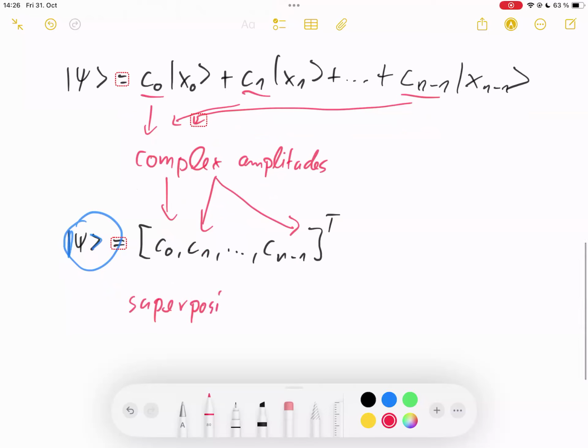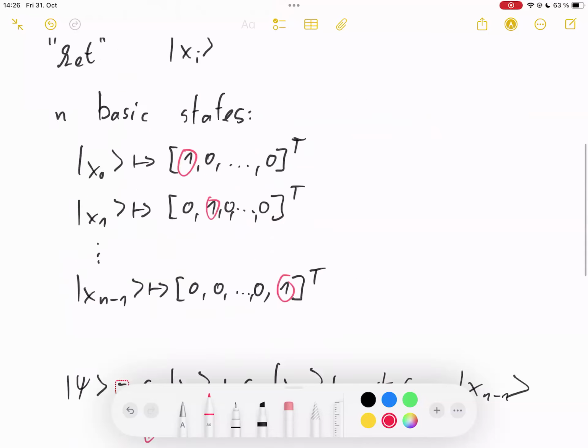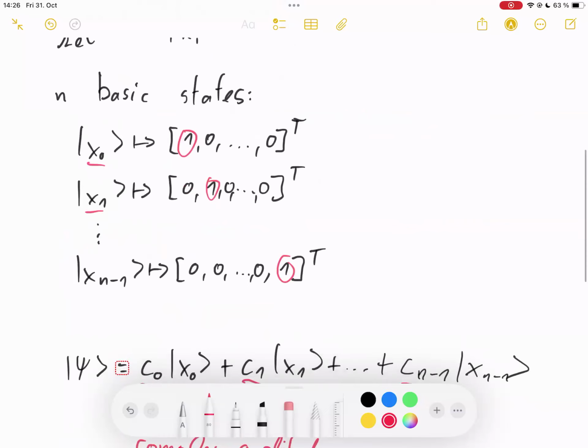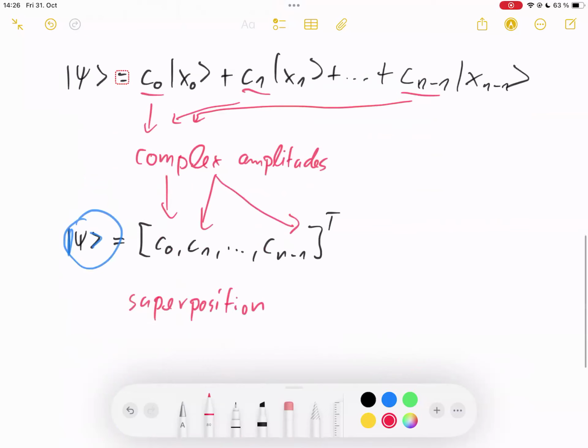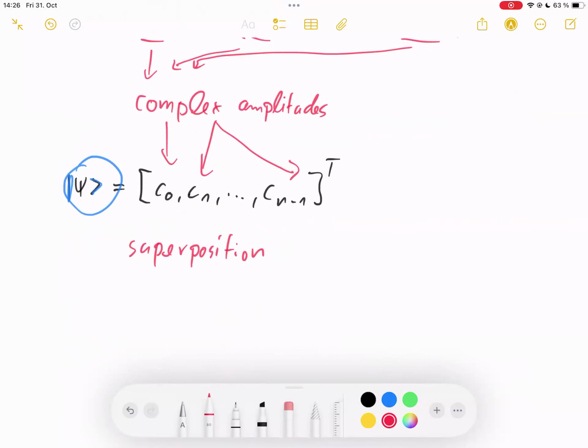And a superposition means that our particle is simultaneously in all of these locations, x0, x1, up to xn minus 1. So what we have is essentially a blend of all the xi's with certain complex probability amplitudes. These complex amplitudes tell us precisely which superposition our particle is currently in.